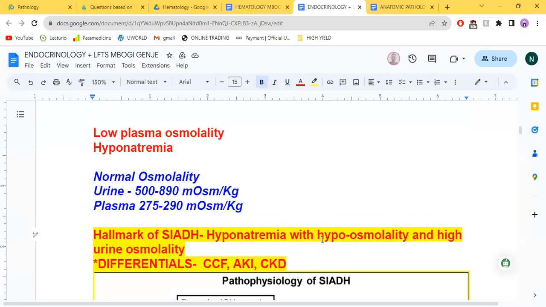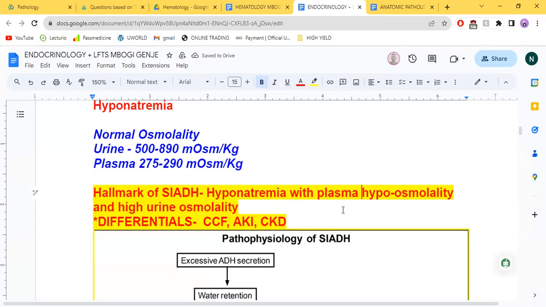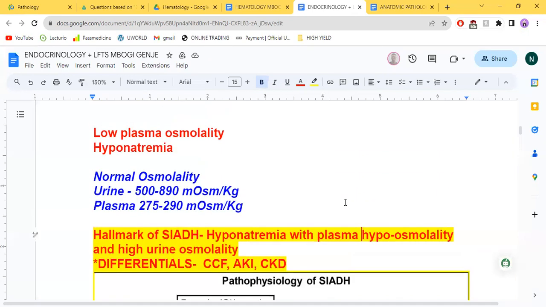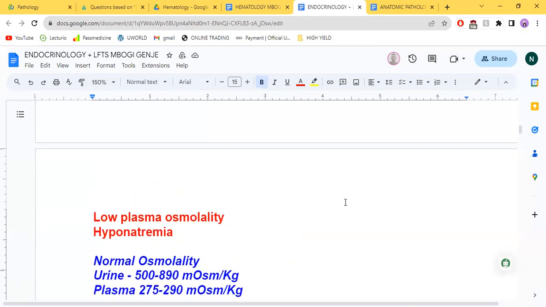Let me write here plasma so that it doesn't confuse. Okay, so I can explain the pathophysiology of SIADH. So before I explain the pathophysiology, what is SIADH? Syndrome of inappropriate ADH secretion.